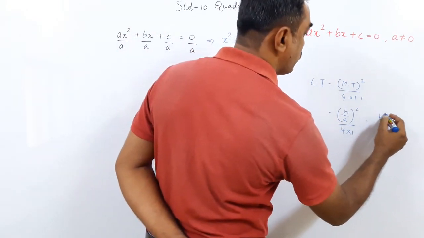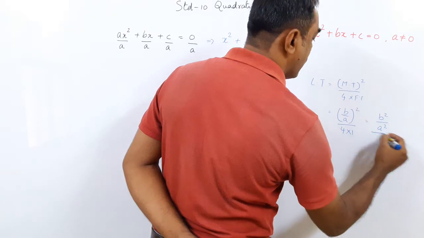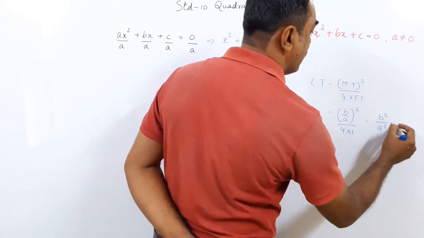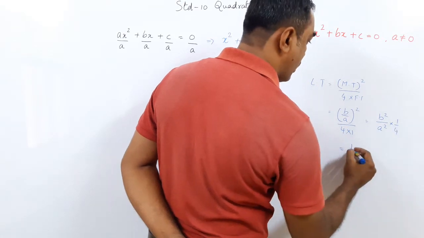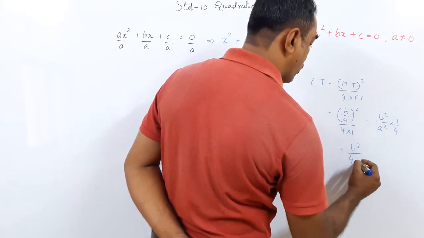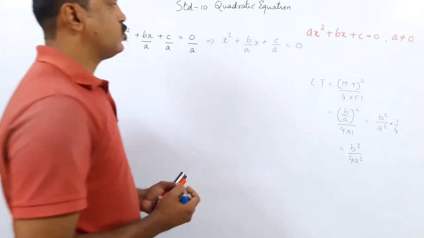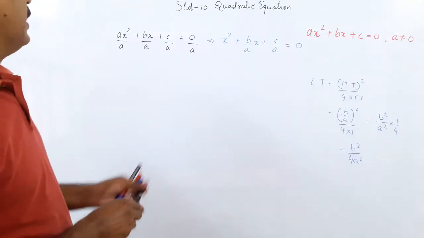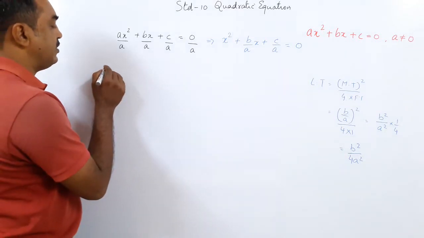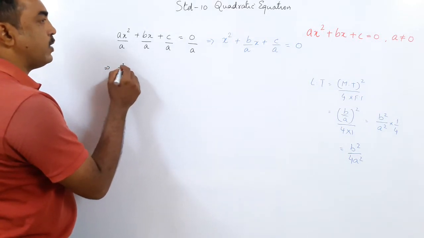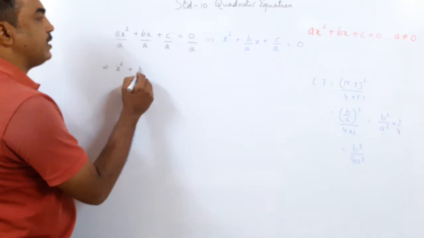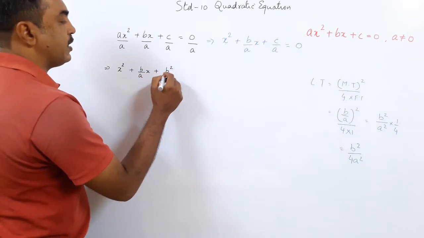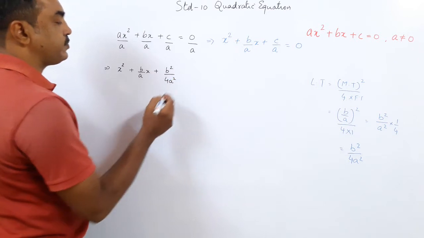So we got b square upon a square upon 4, or if I take it into the numerator, b square upon 4a square. So to make it a perfect square, the last term is b square upon 4a square. So I will write this as x square plus b by a x plus b square by 4a square.